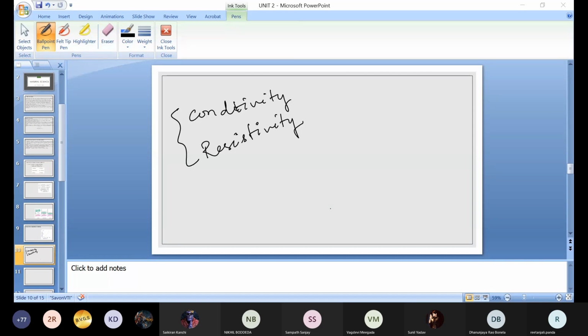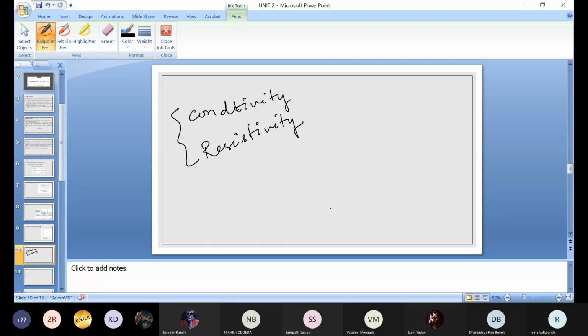Due to which property it is letting the current pass through, that is called conductivity. Similarly, when the material doesn't let the current pass through it, it is resisting that. Resisting means we are opposing something, right?